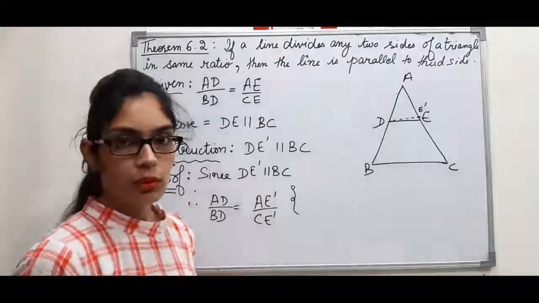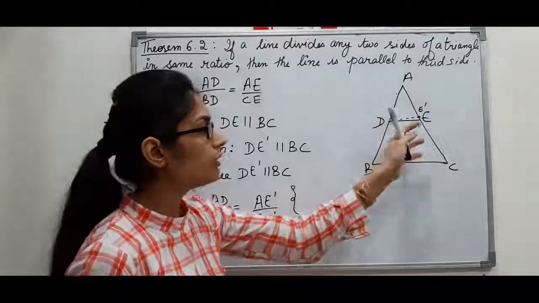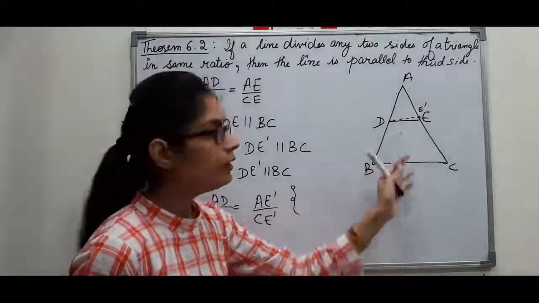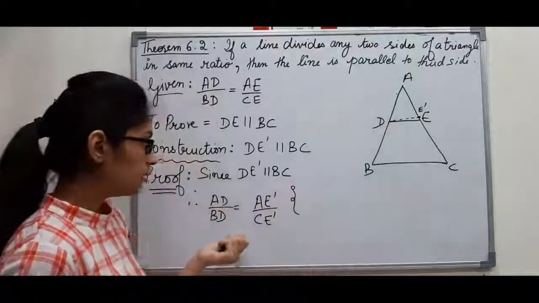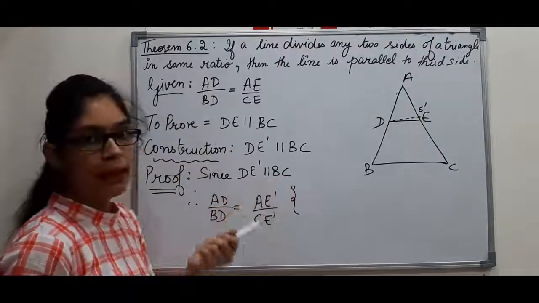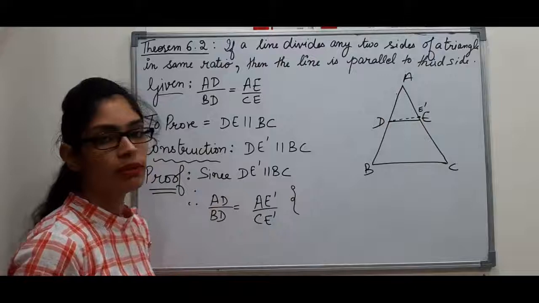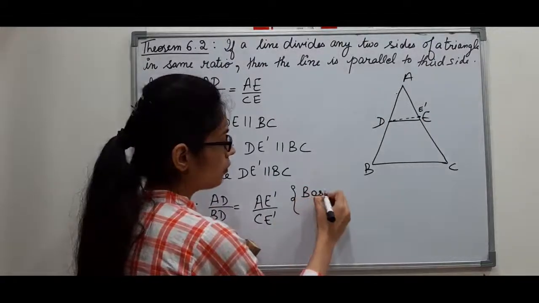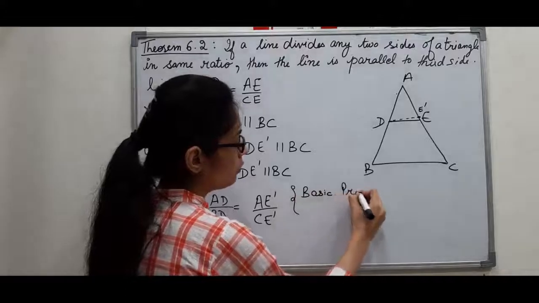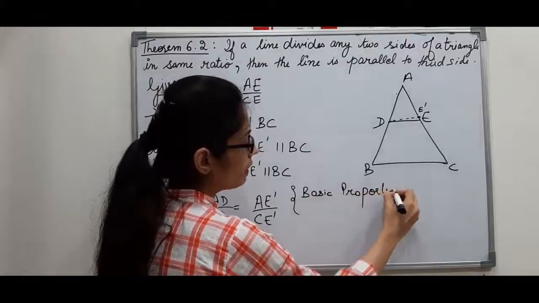In the previous theorem we have already learnt, if a line is parallel to the third side of a triangle, then it will divide the other two sides in the same ratio. That's why if these two lines are parallel to each other, we will get this result according to the previous theorem, which is also known as the basic proportionality theorem. So you can write the reason here.